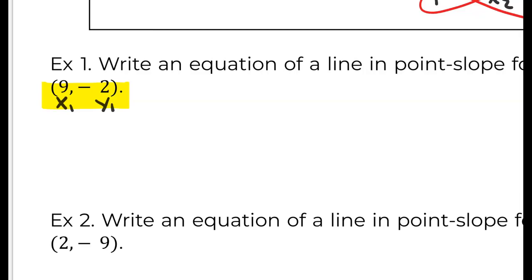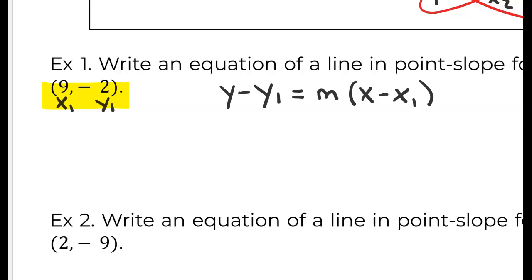I'm going to write out the form again, just so it's right near the problem so we can see what we're doing. Y minus y1 equals m times x minus x1. And just like we were doing on Monday and Tuesday, this is just knowing what information you're given and knowing where to plug it in.